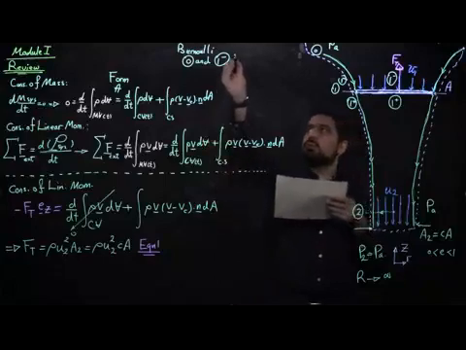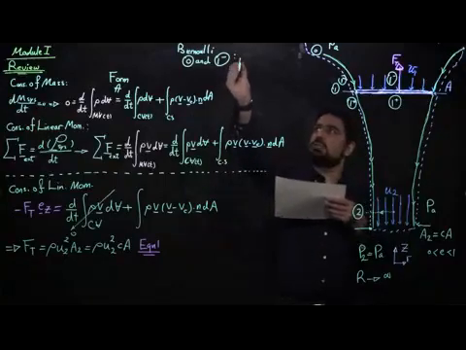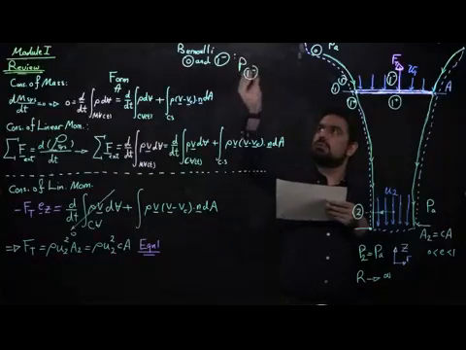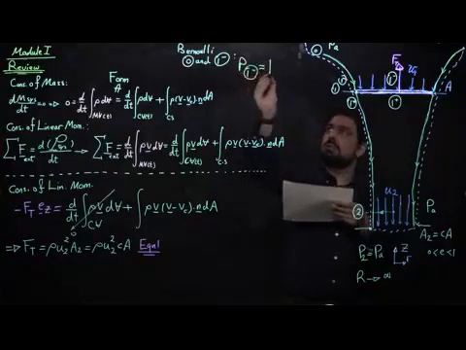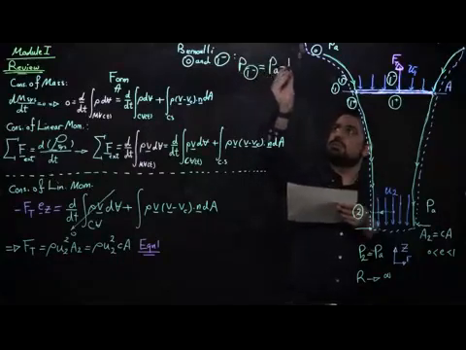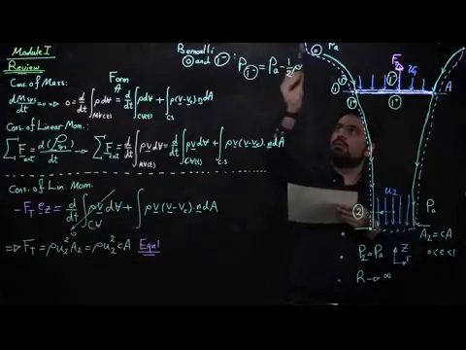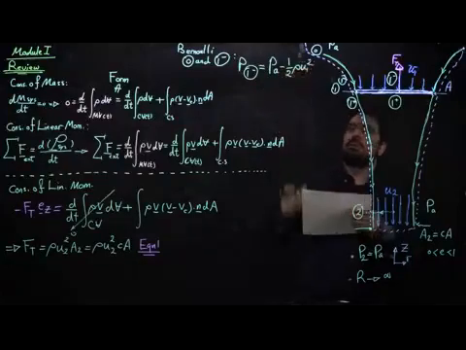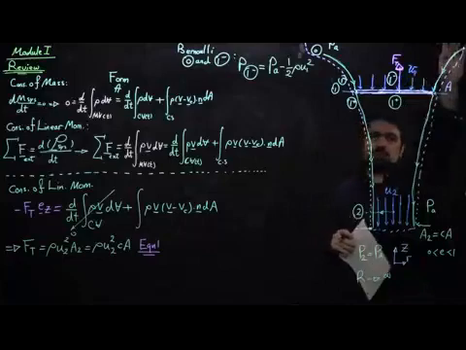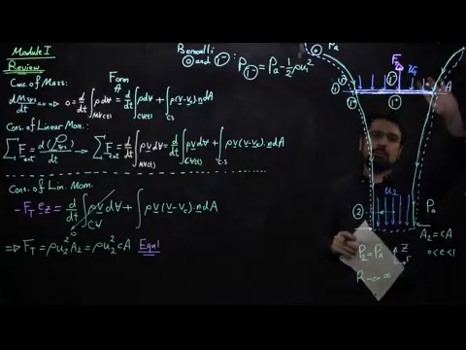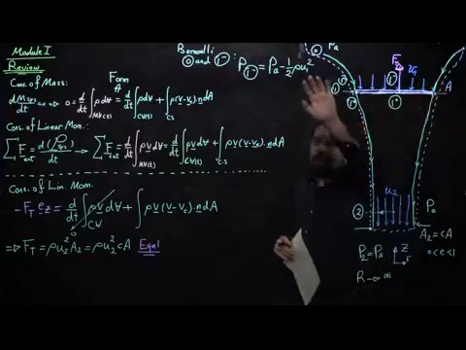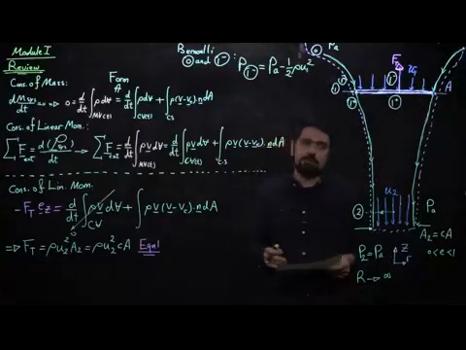So connecting these together, I would get an expression which goes as P at position 1 minus is equal to P atmospheric minus half of rho u1 squared. In other words, pressure is atmospheric here. I accelerated fluid elements to a velocity u1, so pressure will drop, and will drop by an amount which is half of rho u1 squared.